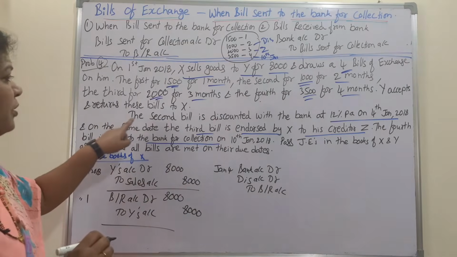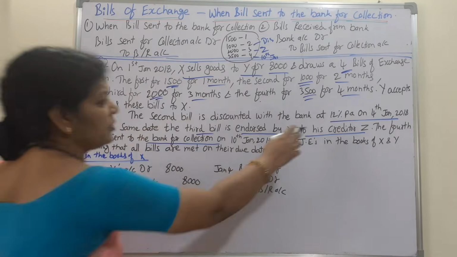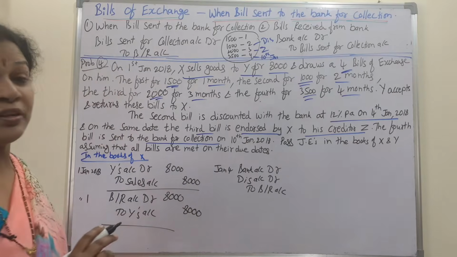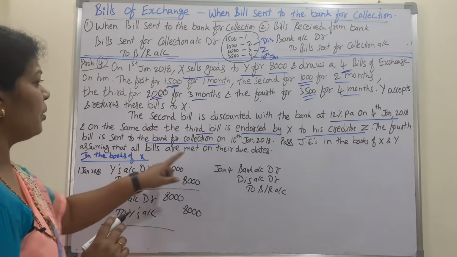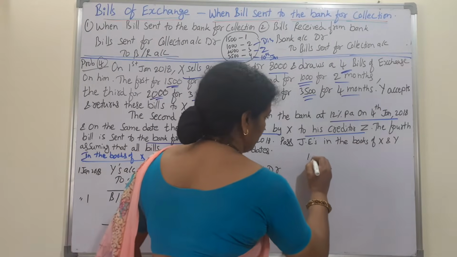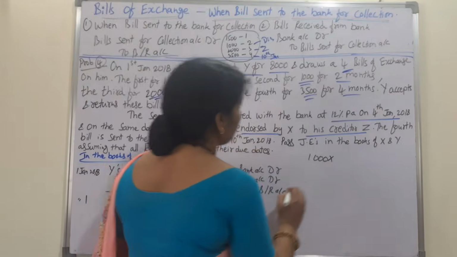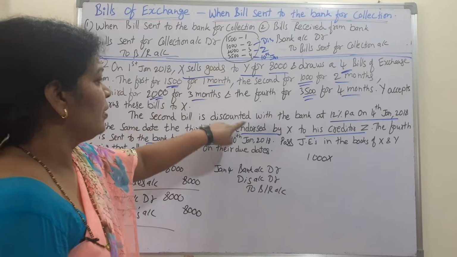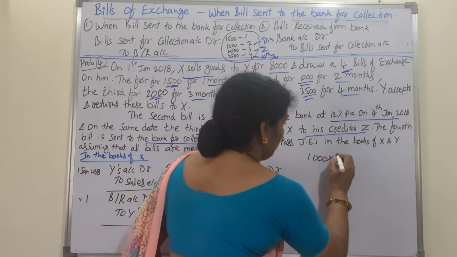This is the entry. January 4th, the bill is discounted at the rate of 12% per annum. Which bill? Second bill, the 1000 bill, is discounted at 12% per annum.